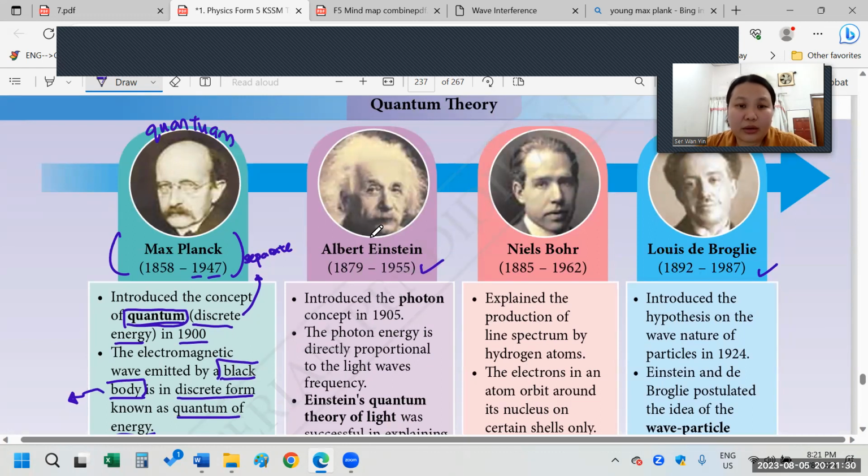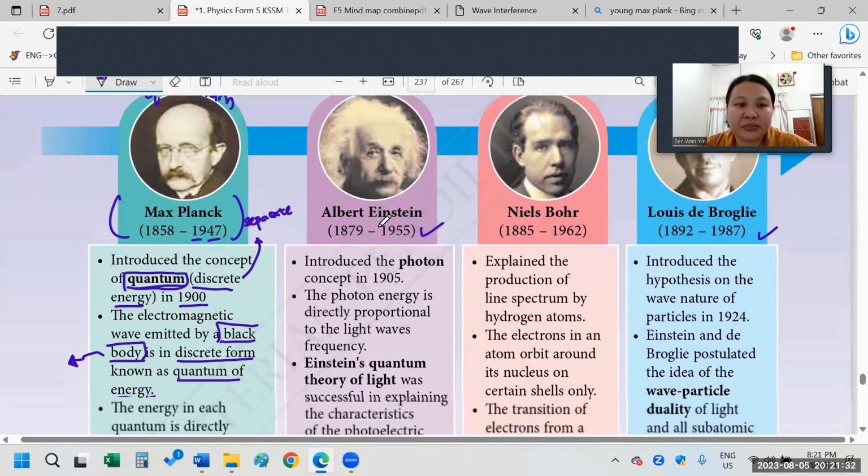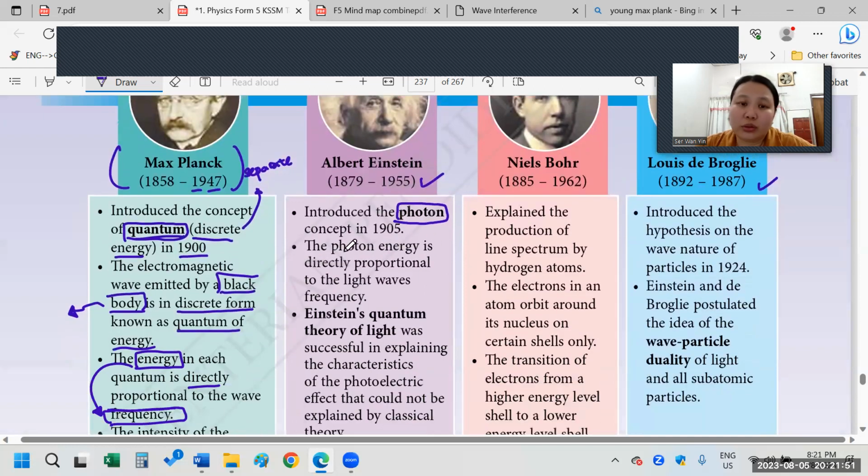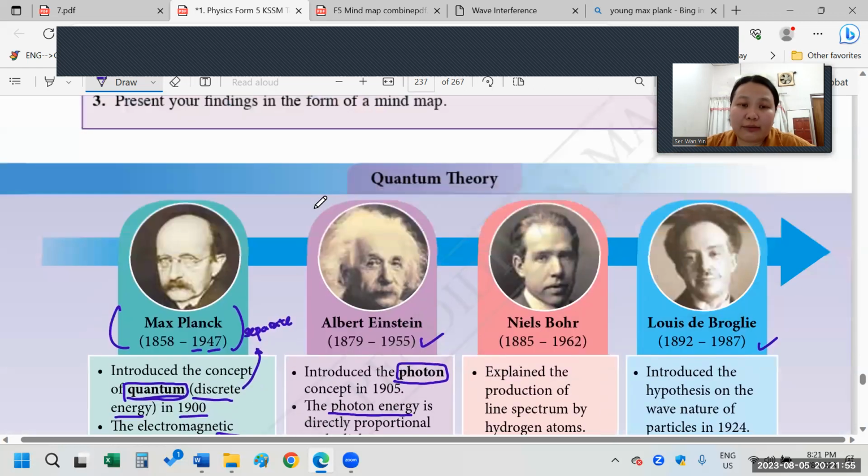Okay, then come to Albert Einstein. In 1900 Planck introduced the concept of quantum. Albert Einstein then introduced the photon concept in 1905. What is photon? Photon is energy. So please write photon on his head.